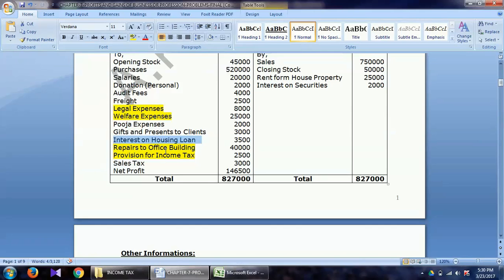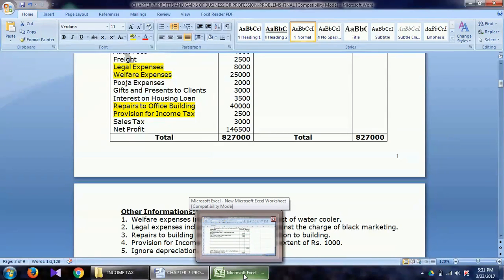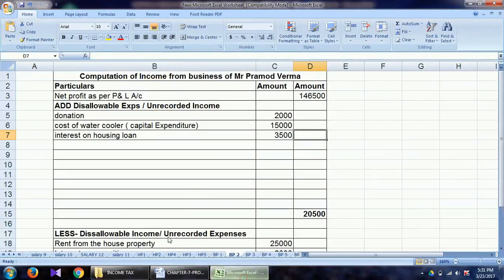Now, repairs to office building will generally be allowed as deduction, but there is an adjustment here that in addition to repairs, we have also made some construction to the building. We have made certain additions of 28,000. So, 28,000 is not a revenue expenditure, it is a capital expenditure. It is an addition to the building. Hence, this 28,000 will be added back because it is a capital expenditure and not a revenue expenditure.